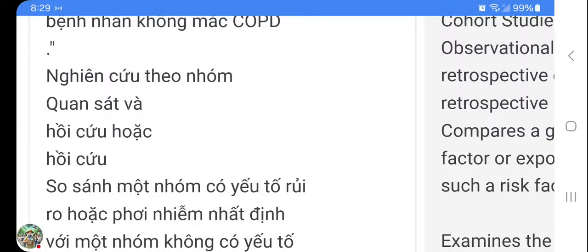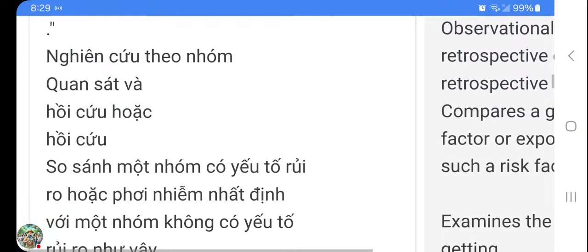They go to hospital A, B, C, or somewhere they can collect the information of the patients there, with permission, and they do research. Because something happened already, this type of research saves more money than the next one, which is the cohort study.